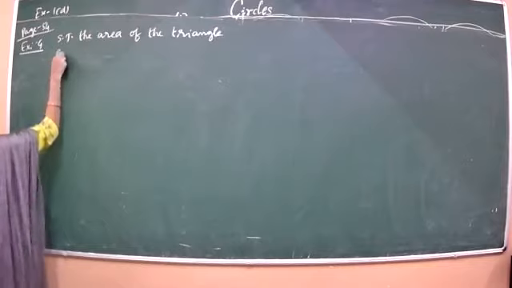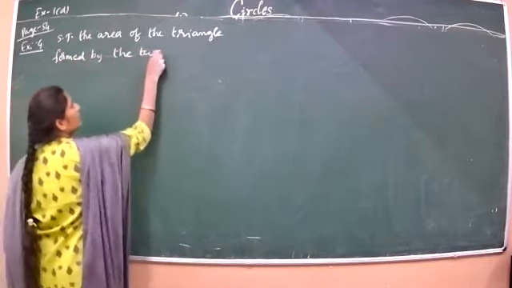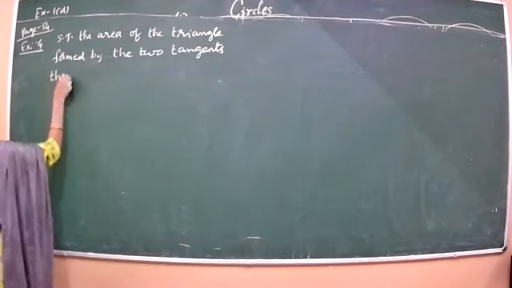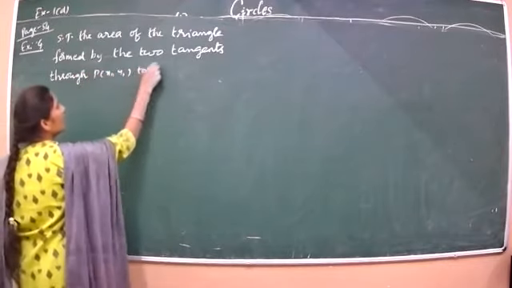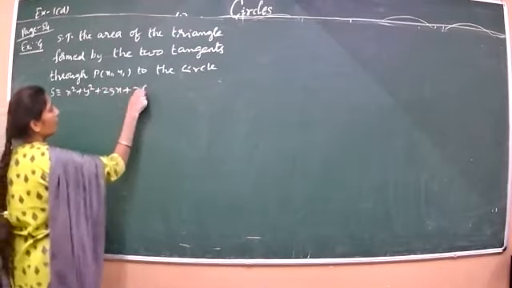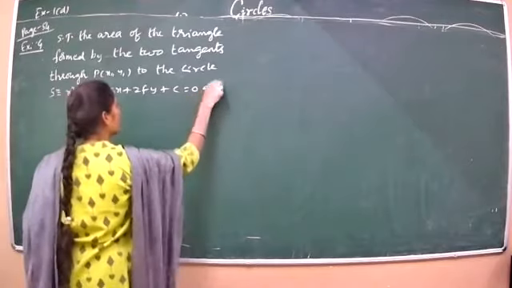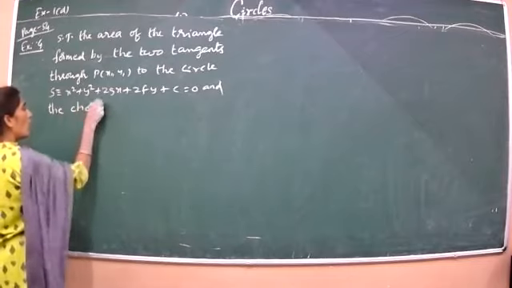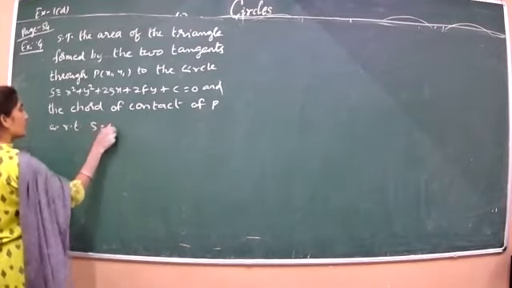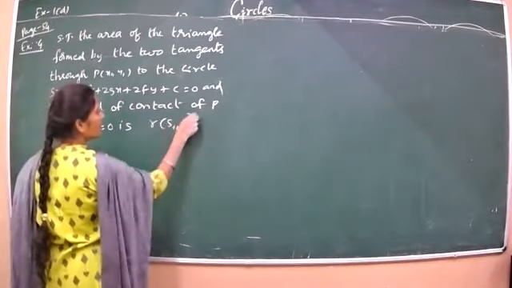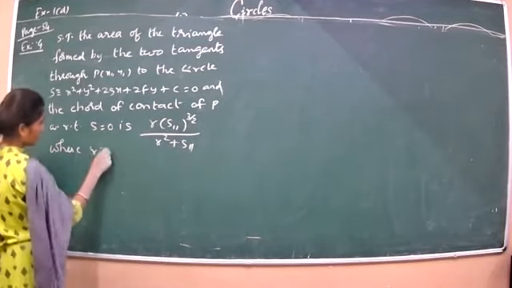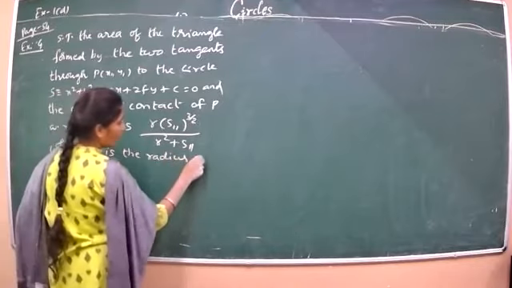Triangle formed by the two tangents through P(x1, y1) to the circle S equal to x square plus y square plus 2gx plus 2fy plus c equal to 0, and the chord of contact of P with respect to S equal to 0 is r into S11 power 3 by 2 by r square plus S11, where r is the radius of the circle.